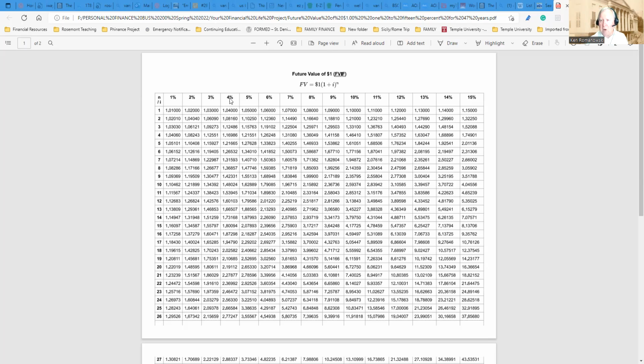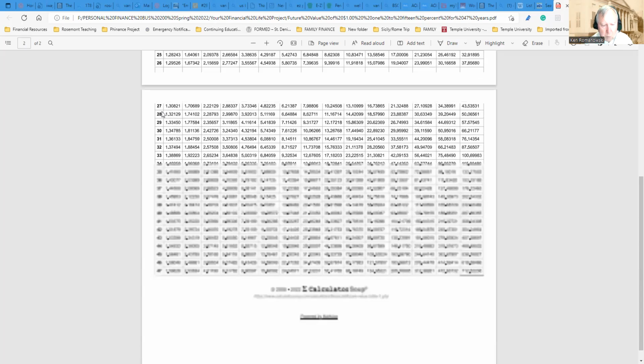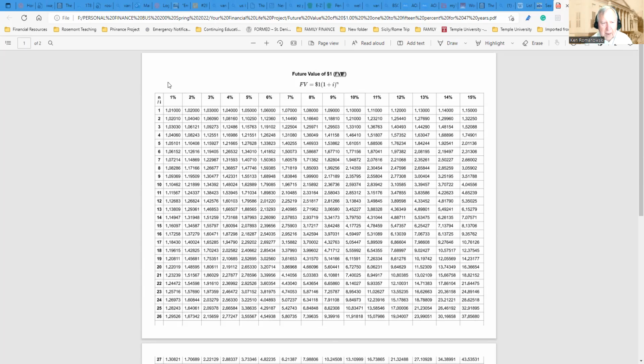But we're not going to go there right now. We don't need to get that complicated. So that's on the horizontal line. It's an interest rate. In our case, it'll be the rate of inflation. On the vertical line, you're going to have numbers anywhere from, in this case, 1 all the way down to 47. And these are for the number of years that are involved. In the example that I'm about to show you, we're going to look at a goal for 8 years and another goal for 46 years.